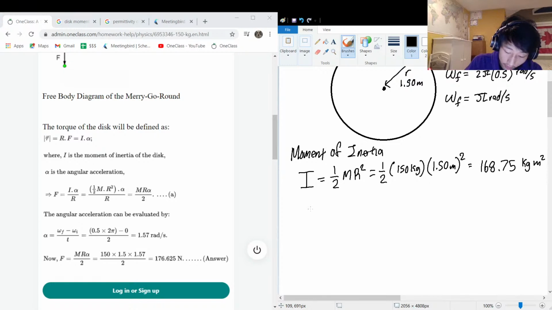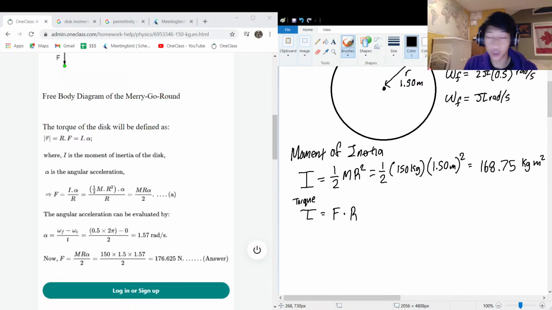Okay, so torque is represented with the Greek letter tau, which is equal to the force times the radius. A higher force will cause, of course, more torque, and a higher radius is going to cause more torque.